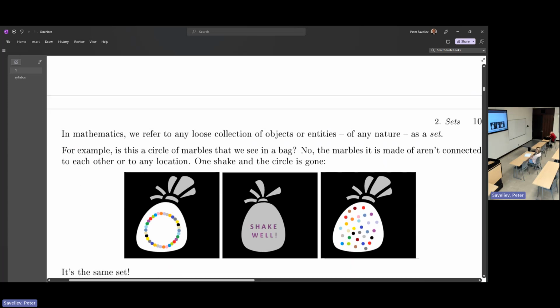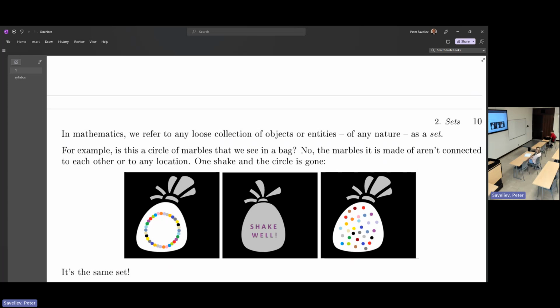Wherever things come from, they might come with a structure, such as numbers. In this case, there are marbles arranged in a circle. But we don't care about the circle for the sake of this analysis, so we shake the bag to get rid of the structure that is just in the way, a distraction. We just want to see what we have, what's on the right, because of the different colors.